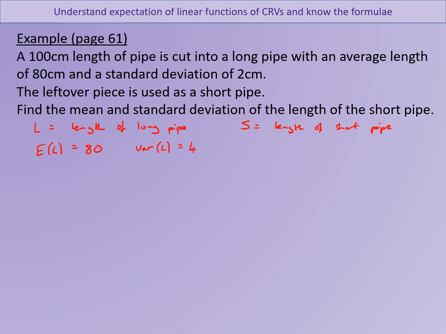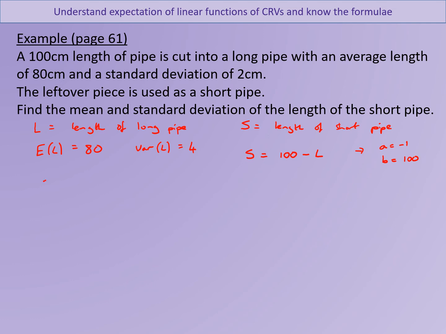We want to find the expected value of S and the variance of S. The transformation that takes us from L to S is that the length of a short pipe is 100 minus the length of the long pipe. So if we're considering the ax plus b, we can see that a is minus 1 and b is 100. This is like minus 1 L plus 100.